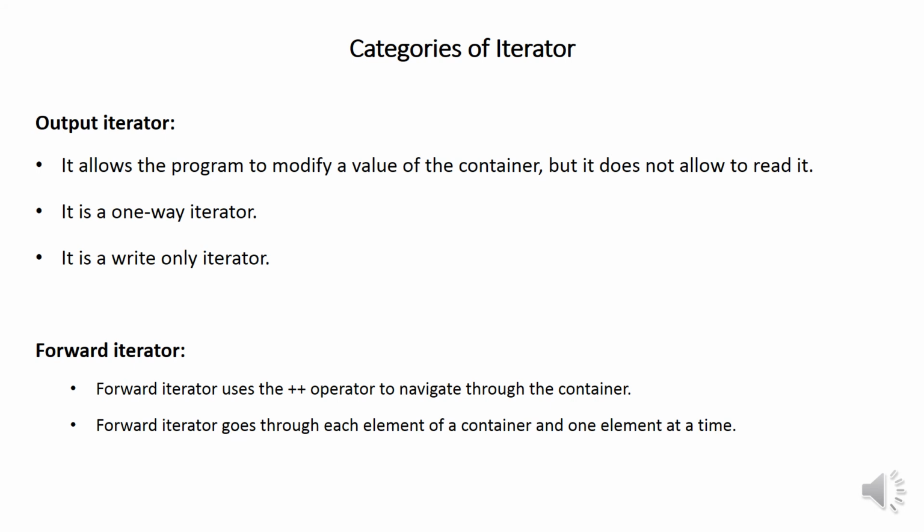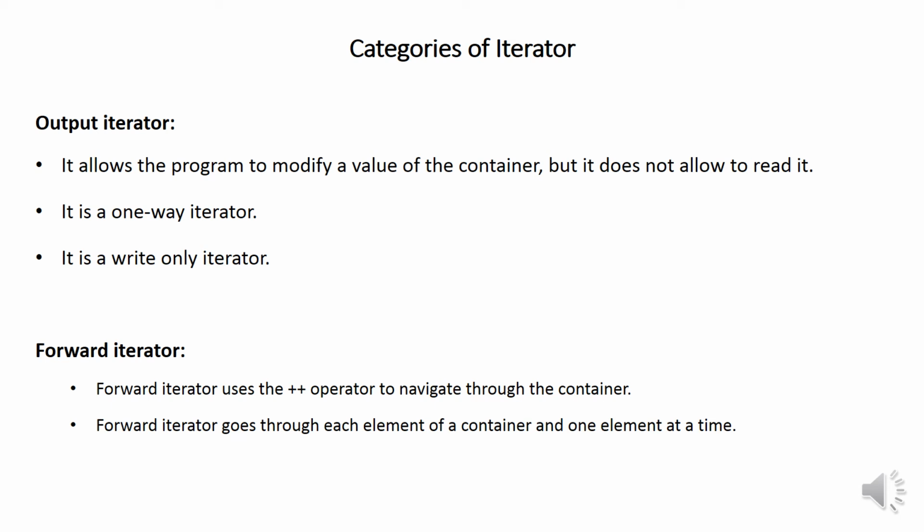The next one is the output iterator, that is the same as the input iterator, but it modifies the value of the container. The input iterator does not modify the value of the container. But the limitation of the output iterator is that it does not read anything from the container. It is only a write iterator.